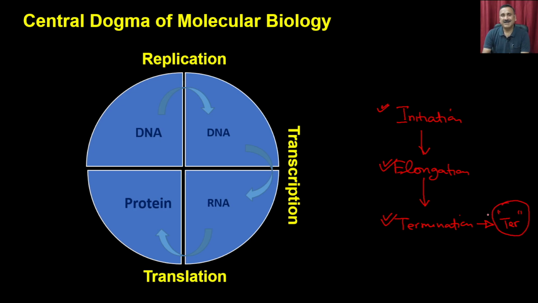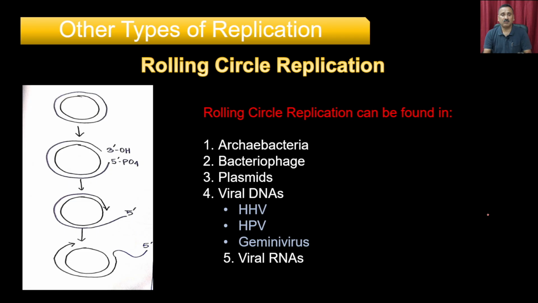These are the basic mechanisms, but in some bacterial systems replication occurs in a special mode. One such special mode is called the rolling circle replication or rolling circle model.